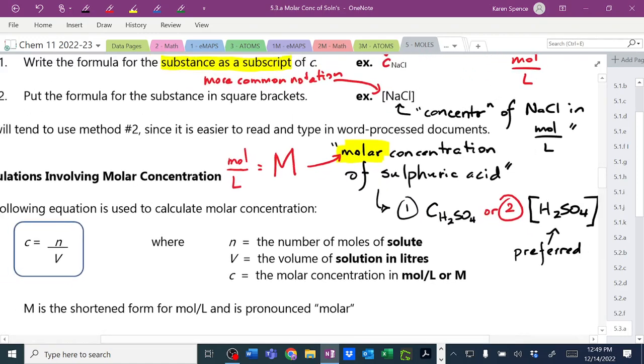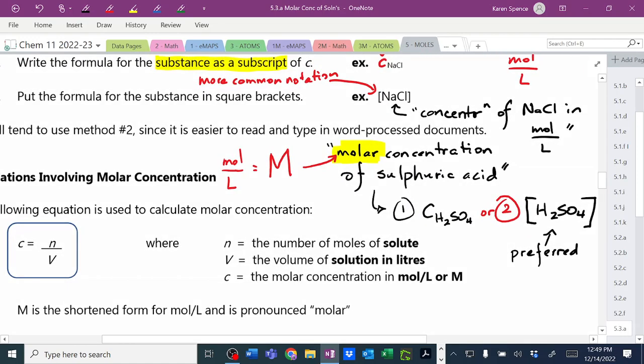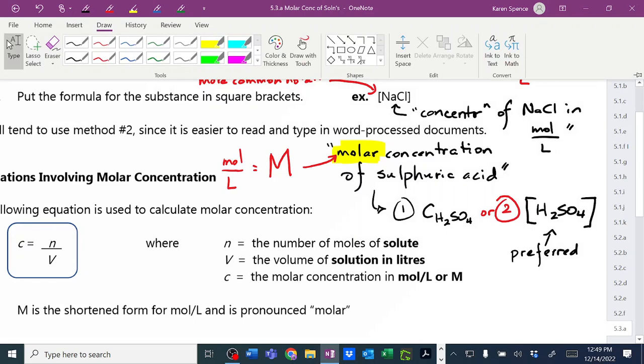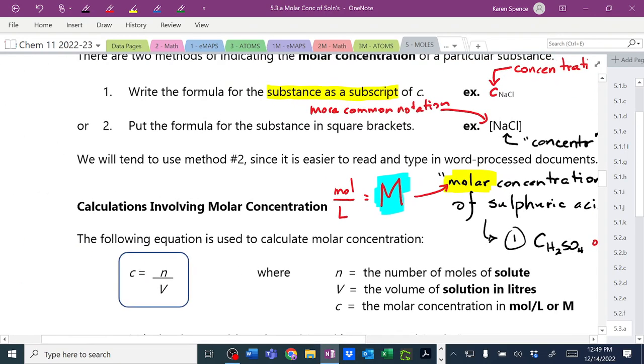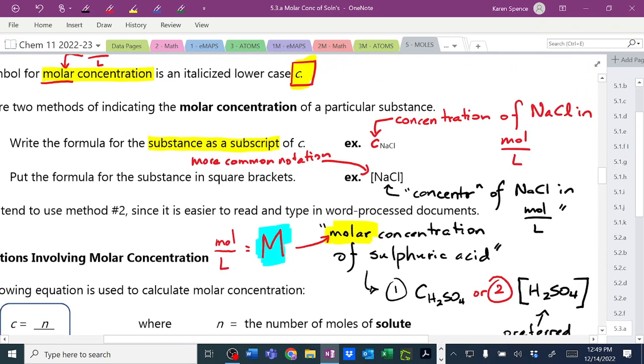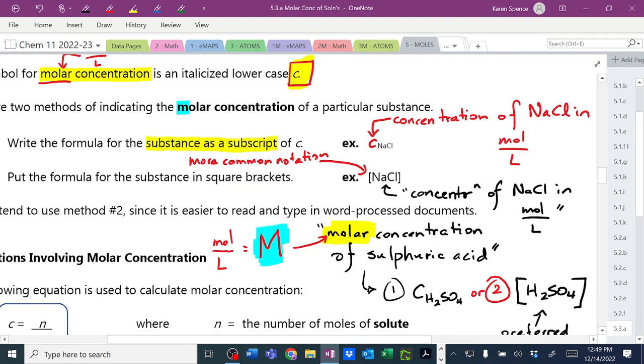It's actually pretty straightforward because molarity, capital M. Have I used the word molarity yet? No. Okay, that's another word that we need to define. Molar concentration is also known as molarity.